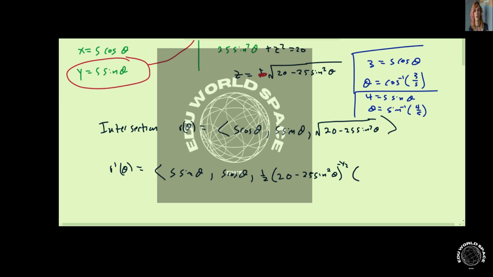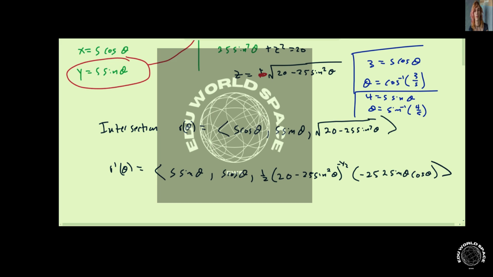The derivative of 20 is 0, and then it would be minus 25. Then we use the chain rule, so it'd be 2 sine of theta times the derivative of sine, which is cosine. So this is going to be our derivative here.